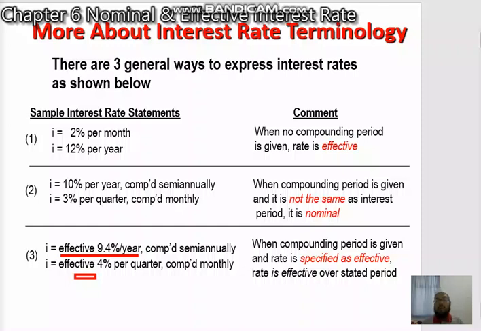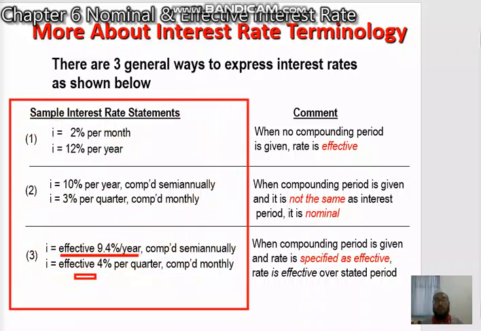In this statement, the compounding period is given and the rate is specified as effective, so the 9.4% or the 4% is already an effective interest rate. So again, we have discussed three ways to write the interest statements so that we are able to differentiate between the nominal interest and effective interest rate.